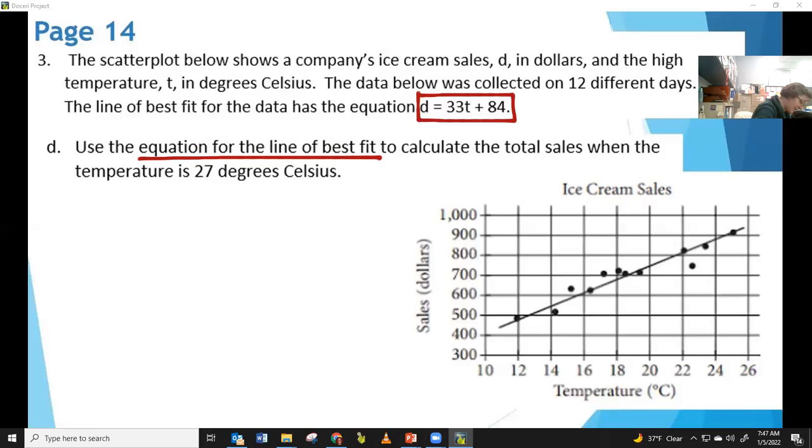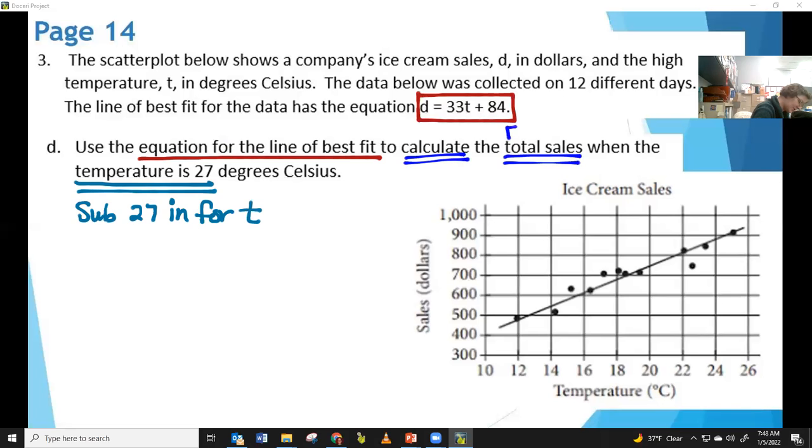T equals 27, yes. Temperature is 27, so we will sub 27 in for T. What are we trying to find? What is it that I want to know in this problem? Yes, D. Calculate the total sales. So they're telling me to find D, dollars.